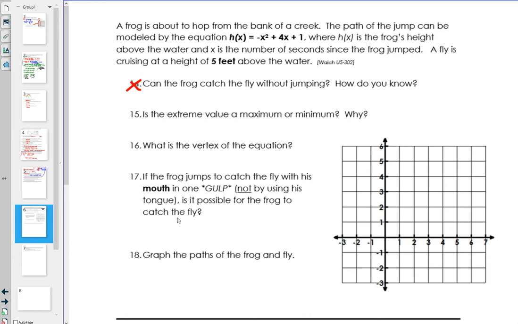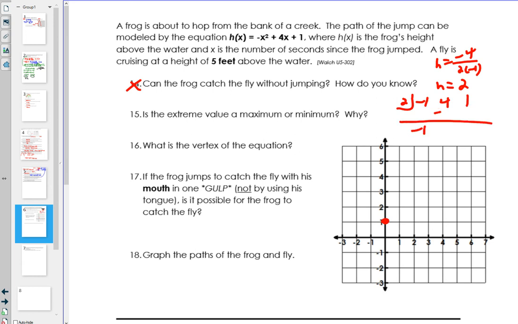Where is that going to cross the y-axis? At 1. We can calculate the vertex, which is number 15. Negative 4 over 2 times negative 1 is 2. And then the k is going to be plugging in a 2, negative 1, 4, 1.